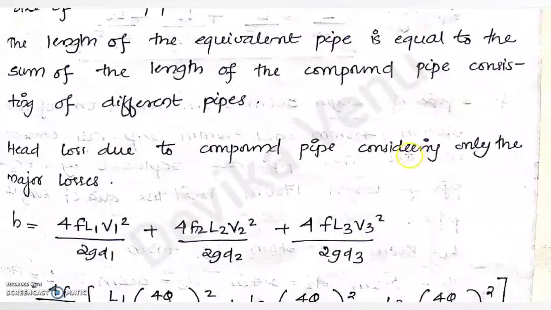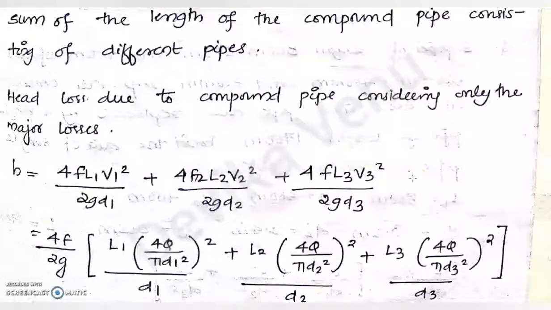Okay, and here you'll see how that equation comes for a compound pipe. I'm just considering only the major losses. Suppose the example is for a combination of three pipes.